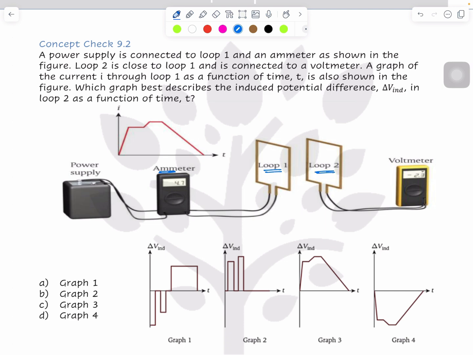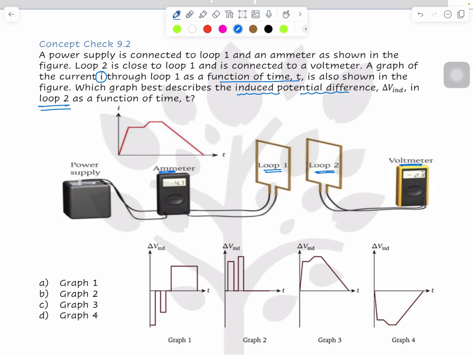This is loop 2 and is connected to a voltmeter. A graph of the current I through loop 1 as a function of time is also shown in the figure. Which graph best describes induced potential difference in loop 2 as a function of time t?